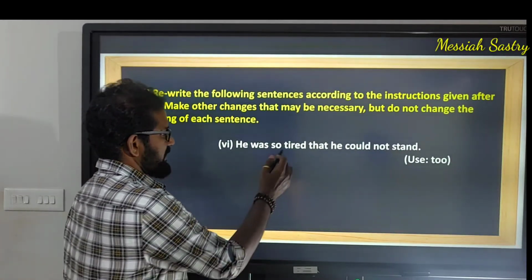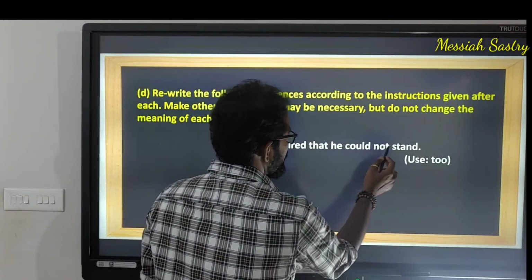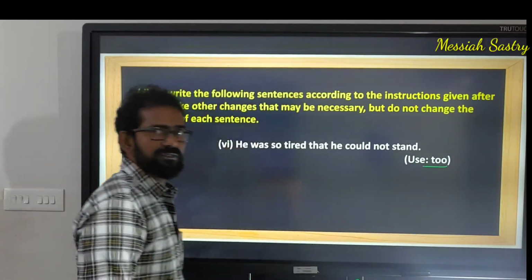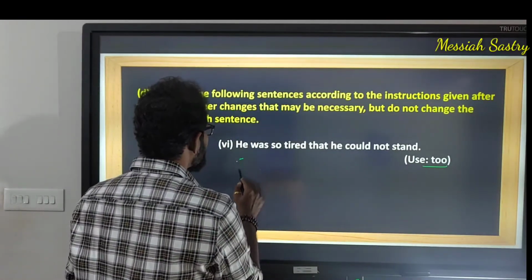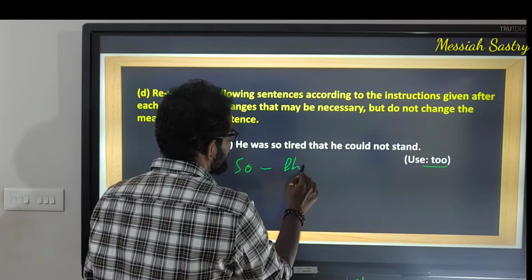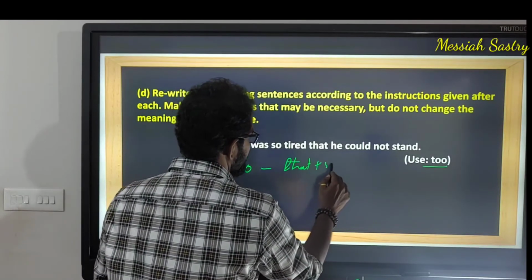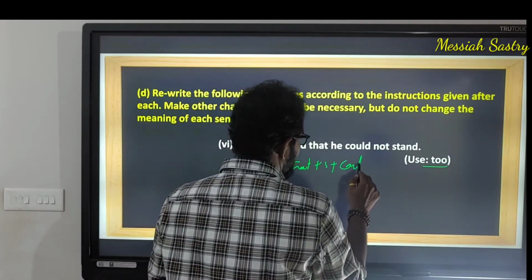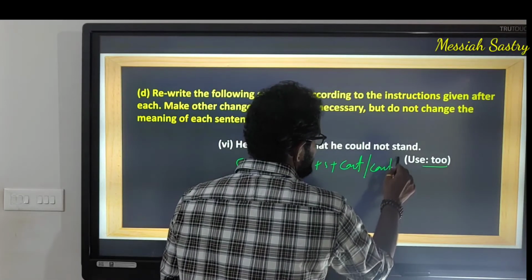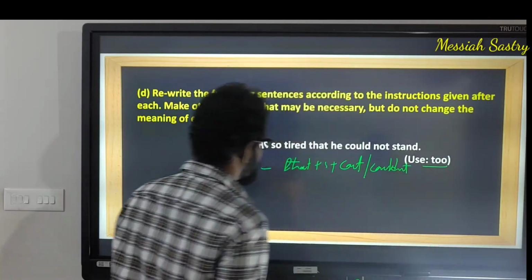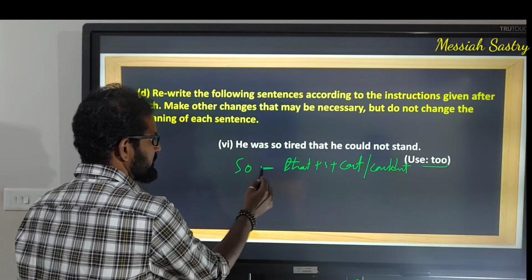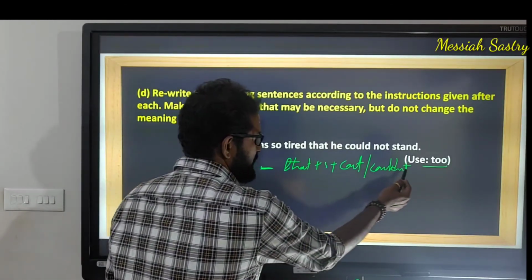He was so tired that he could not stand. It asks us to write it using too. So, that plus subject plus cannot or could not.